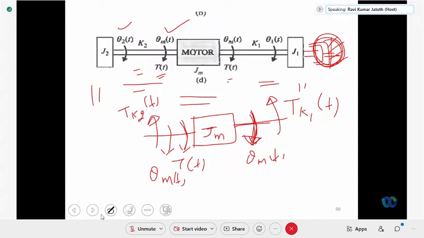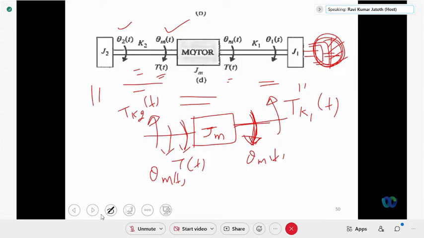So this is the free body diagram around the moment of inertia of the motor. Okay. So what is the next step? The summation of torques acting on a body is equal to the product of moment of inertia and angular acceleration.